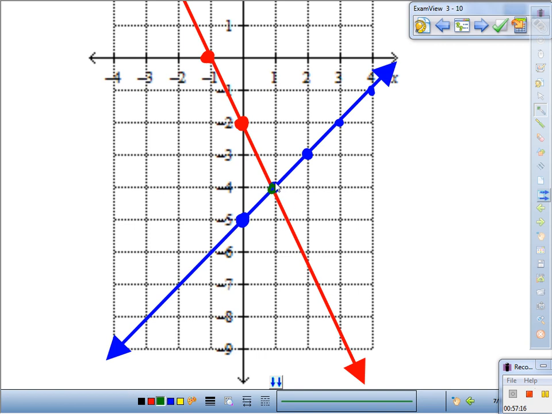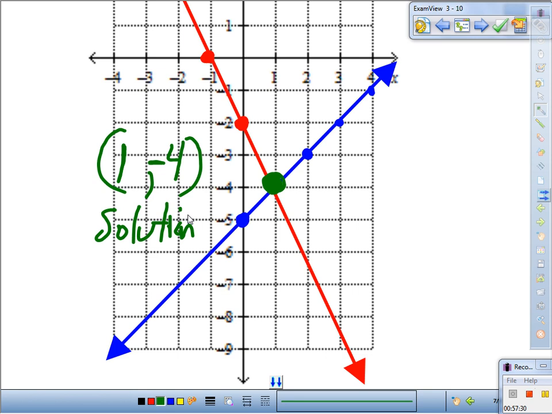So right away, you're going to plot a big point right there. You're going to label it. What is the coordinate for that point? (1, -4), and that's my solution. We're done with one method. Okay? Let me zoom out.